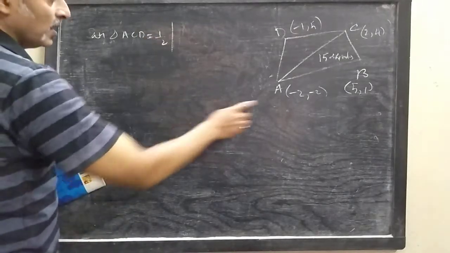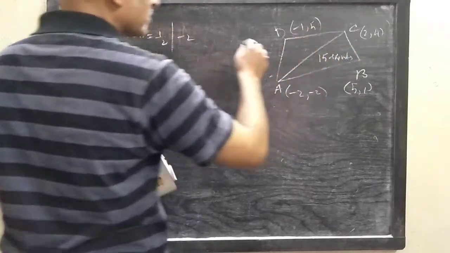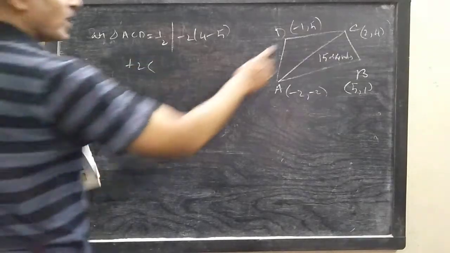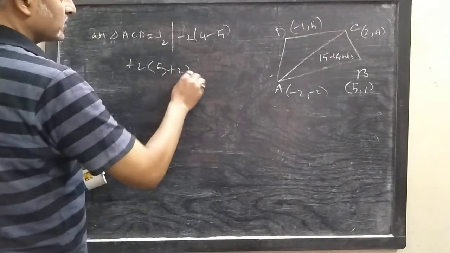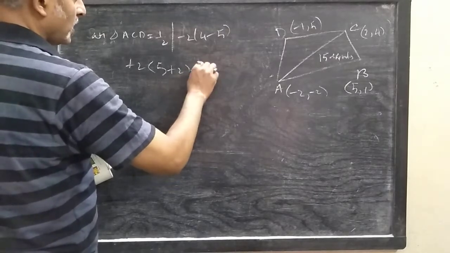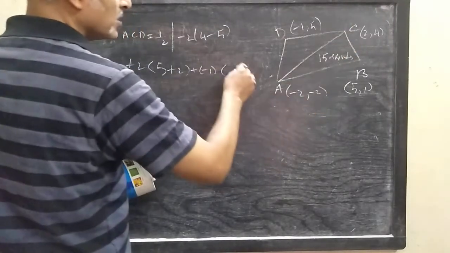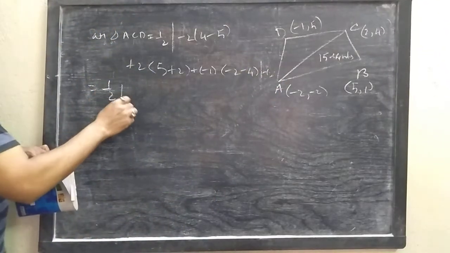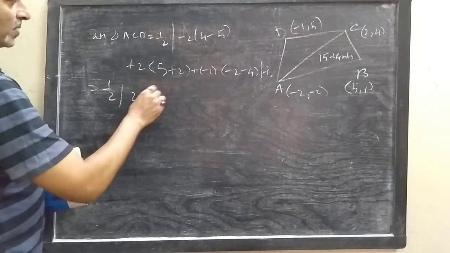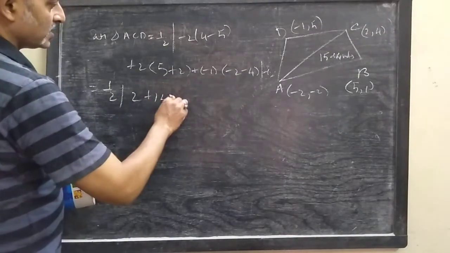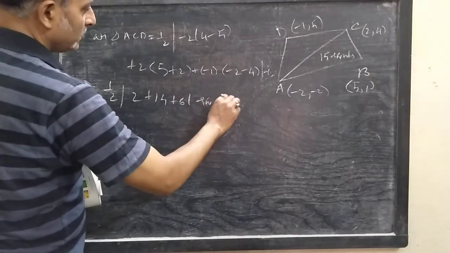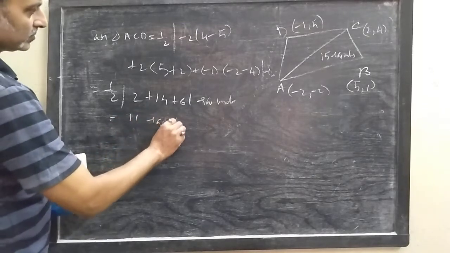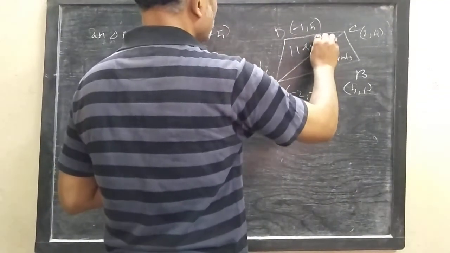Half mod of x1, which is -2, into y2 minus y3, that is 4 minus 5, plus x2, which is 2, into y3, which is 5, minus y1, so plus 2, plus x3, that is -1, into y1 minus y2, so -2 minus 4, mod closed, square units. 4 minus 5 is -1, so this is plus 2, 5 plus 2 is 7, 7 twos are 14, this is -6, this is plus 6, square units. 14 plus 6 is 22, that is 11 square units. So this part becomes 11 square units.